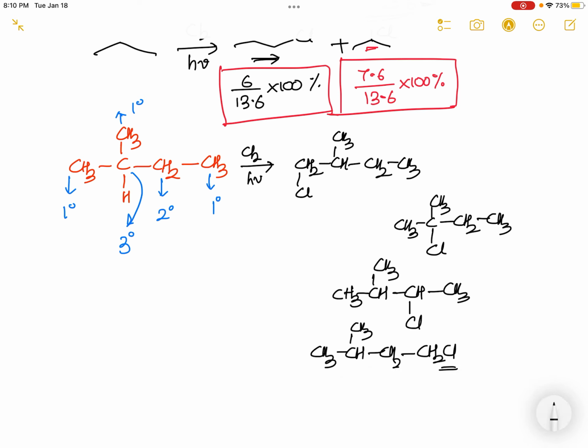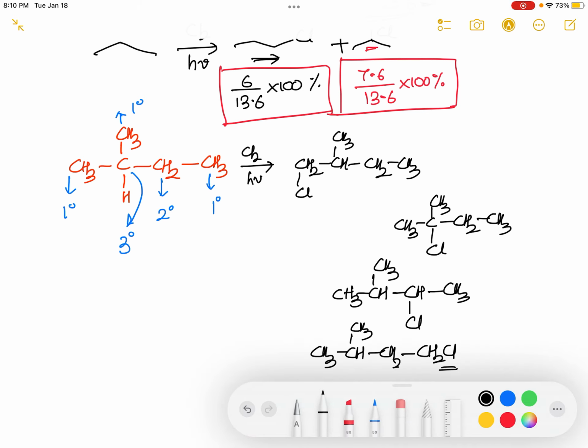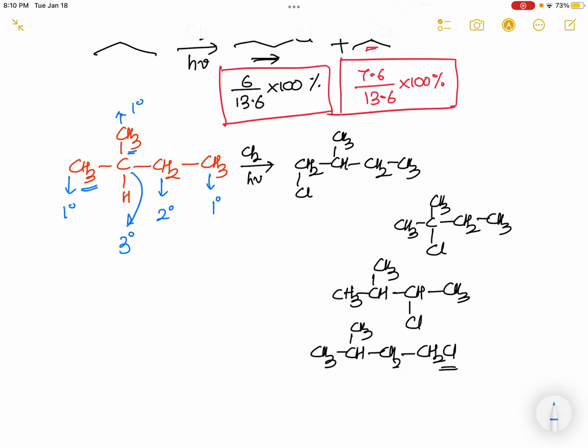Now you see, this is primary and this one is also primary. So primary hydrogens are 6, which are present on left side. This is left side. 3 and 3, 6 into 1 is equal to 6.